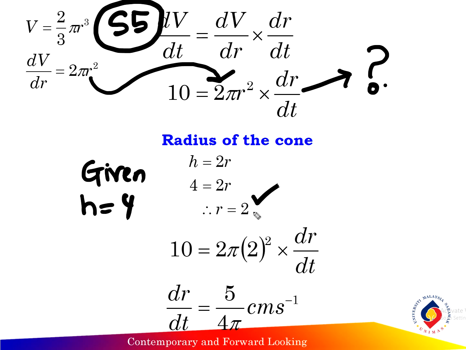You substitute the radius equals 2 centimeters into the 2 pi r square: 2 pi times 4 times dr over dt. So the rate of increase of the radius here equals 10 over 8 pi, or 4 over 4 pi, centimeter per second.